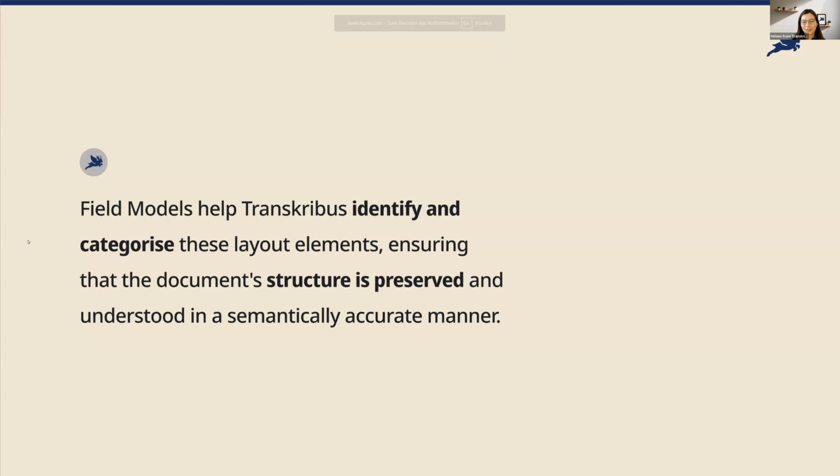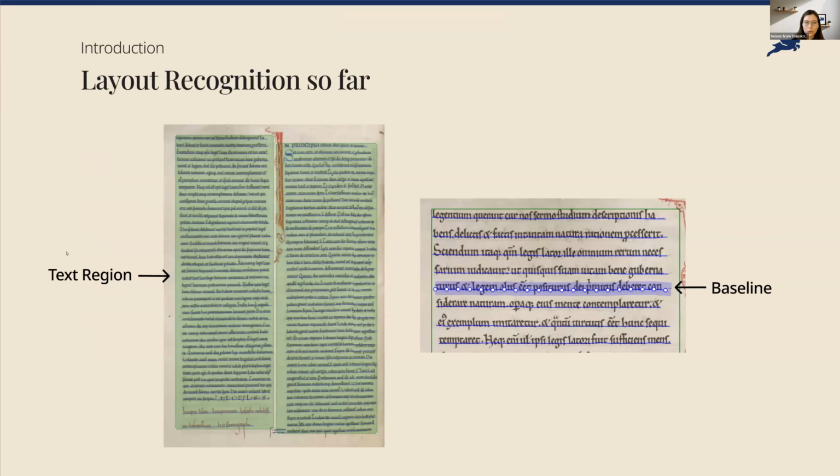All right. So as Flo already explained, field models help Transkribus identify and categorize different layout elements in your documents, in your material, and make sure that the structure is preserved and also understood in a semantical manner. So up until now, when we use layout recognition in Transkribus, we focus more on detecting the text regions and then the text baselines, and then extracting the text from there.